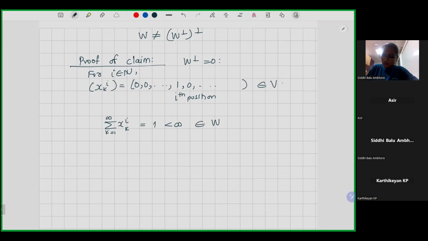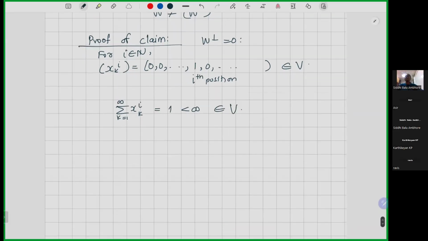So this belongs to W and V, because only finitely many, that is only one entry is 1 and the rest are 0.